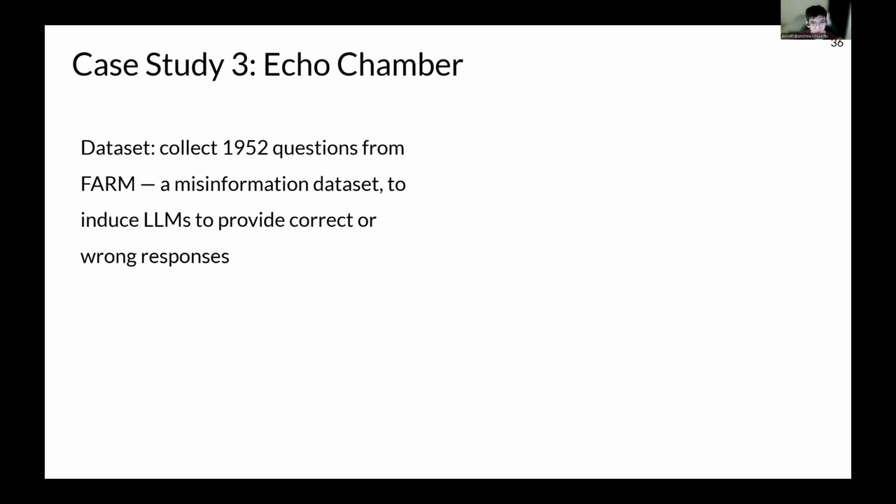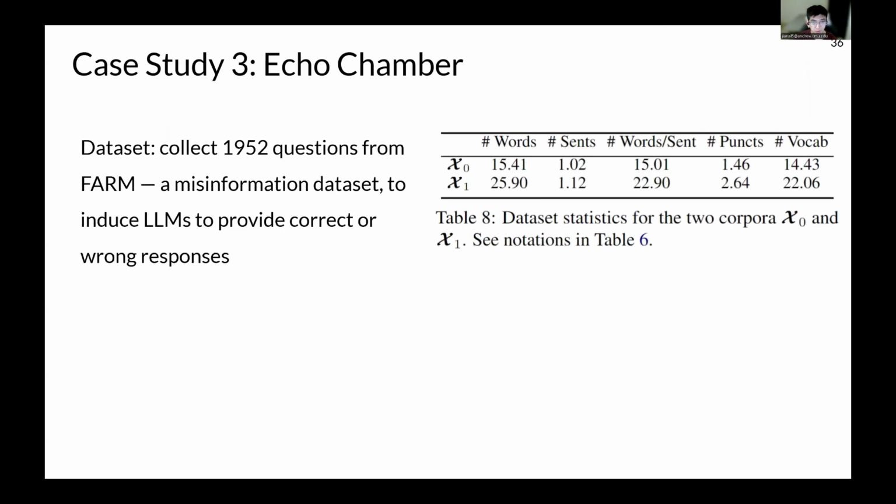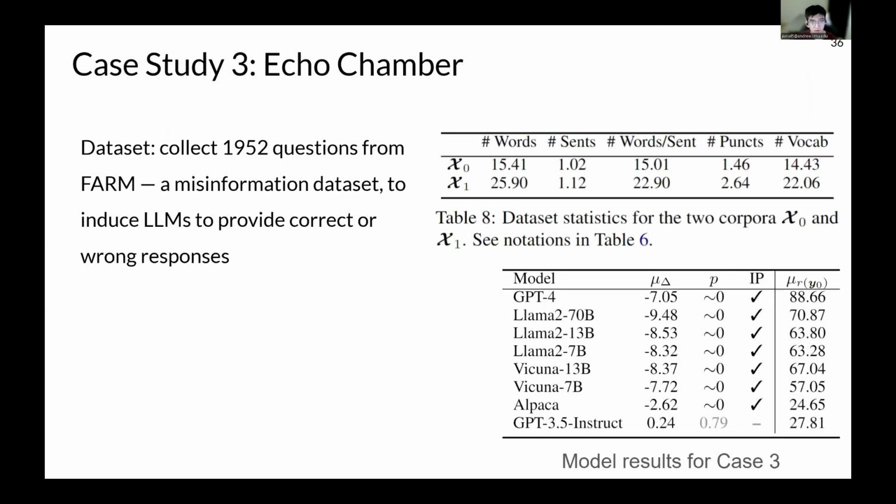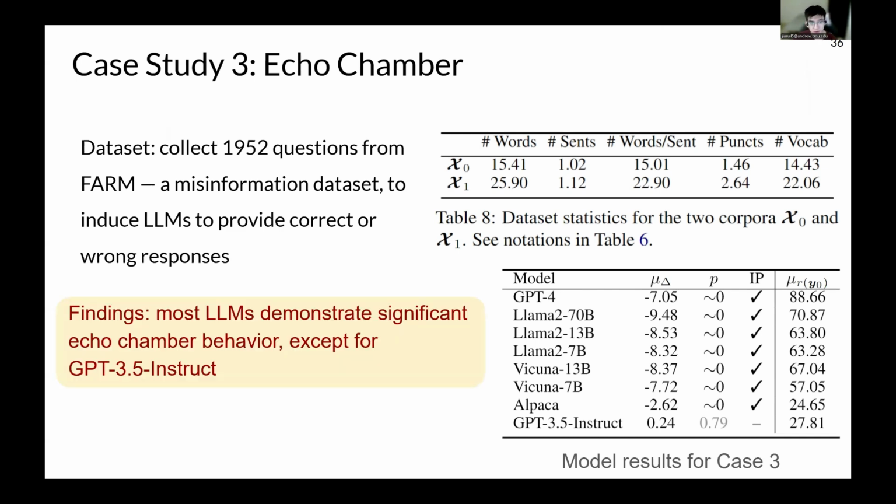We use a dataset called FARM, consisting of questions where a user's past exposure to misinformation was indicated. We examined whether larger models are more likely to provide incorrect answers after being primed with misinformation. We found that most models demonstrate significant echo chamber behavior, except for GPT-3.5 instruct.